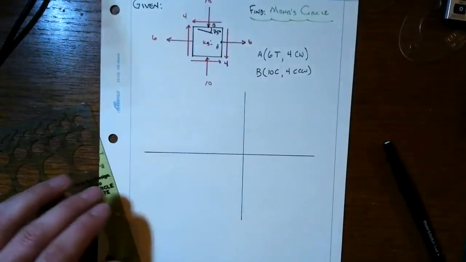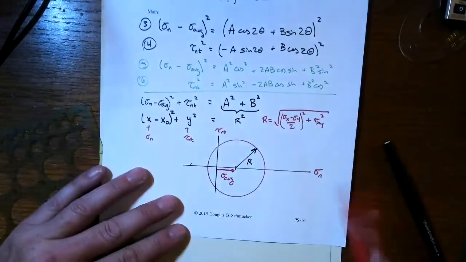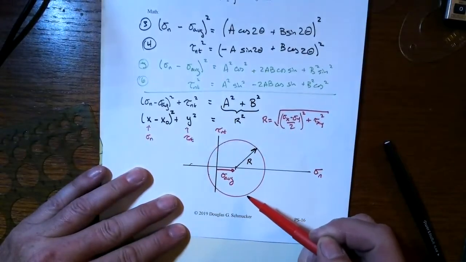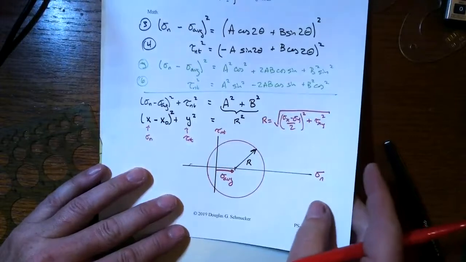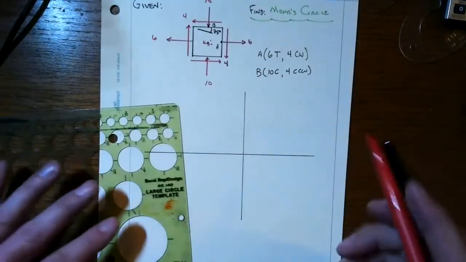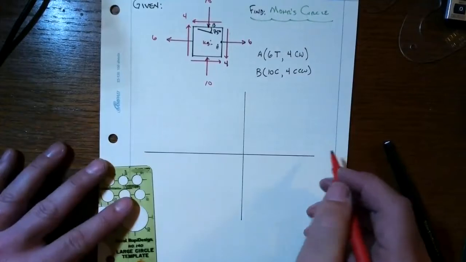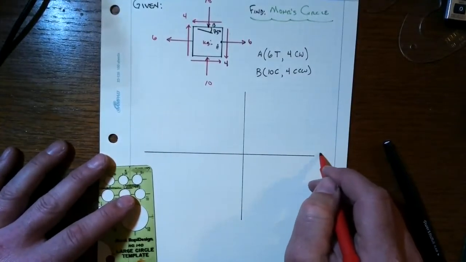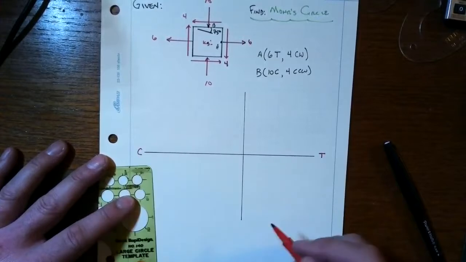So the way we're going to really do this is we're going to plot a point on this side, plot a point on that side. They're going to be diametrically opposed. Draw the line for the diameter, and we can construct everything else as we go. All right, so let's build it up. Horizontal axis is the normal stress. Tension to the right, compression to the left.